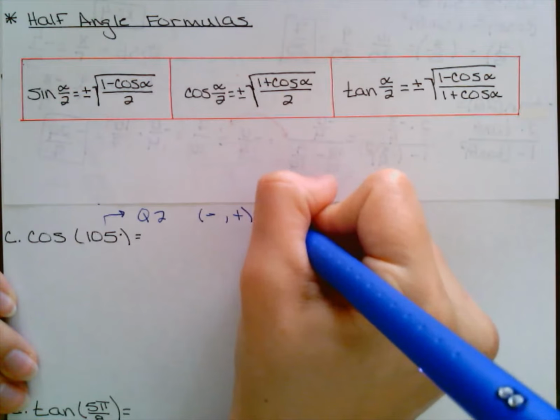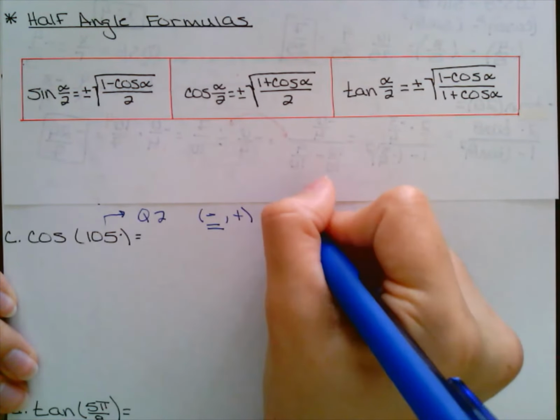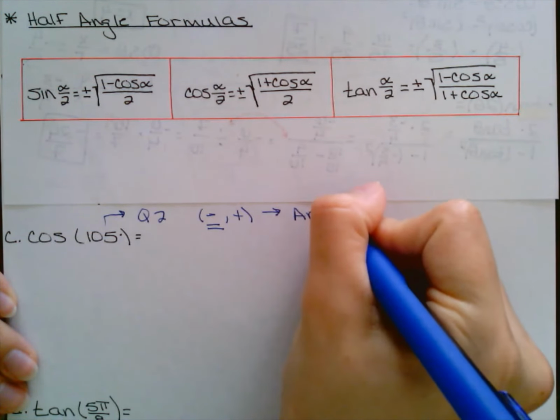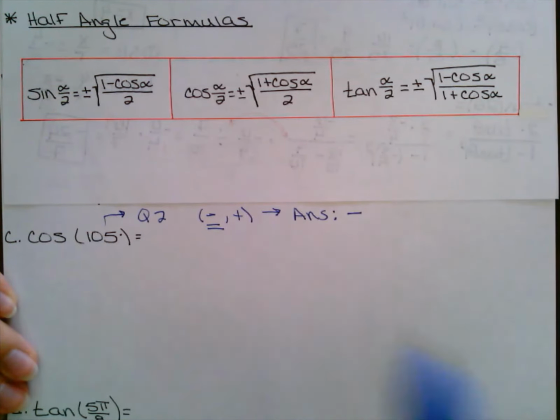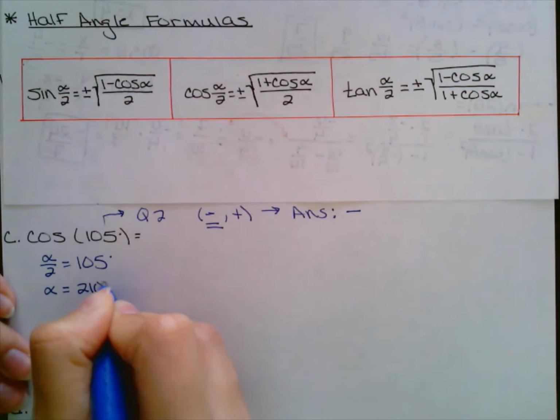So because we are looking for cosine, our answer is going to be negative. Next step is to find out what our alpha is. I know inside the parentheses is alpha over 2, and this question is 105. We already worked this out in an earlier question. We multiply the 2 over, and alpha equals 210 degrees.